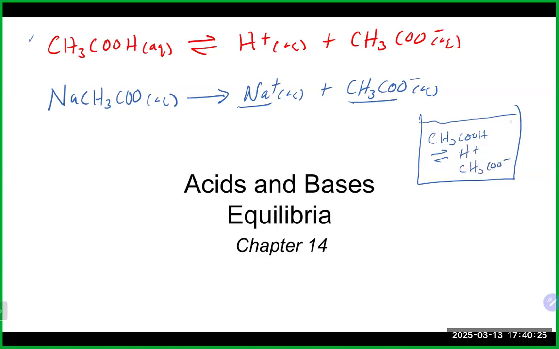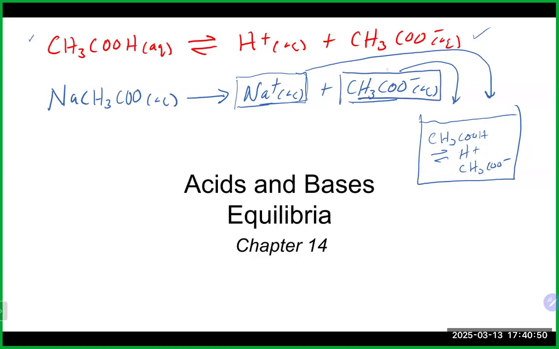When we add this sodium acetate in, it is a supplier of each of those ions into that solution. We don't see any sodium ions present in that equilibrium, but we do see acetate in the equilibrium.